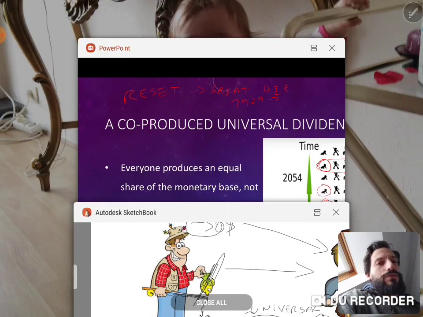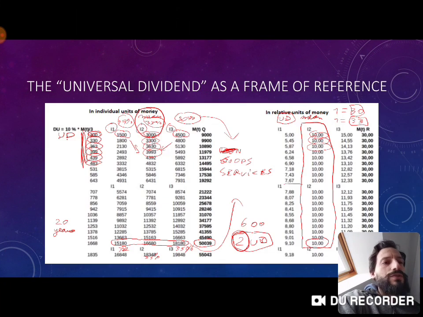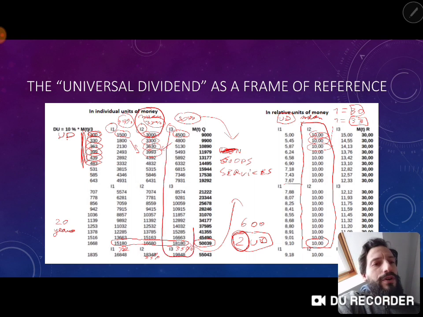So back to the relative theory of money. If you follow this reasoning, you understand that in terms of store of value, of course it has store of value, especially if you're in the mean. If you're not in the mean, then it's a little different. But don't forget that in our current system, the store of value of money is not so different from the universal dividend, which is why if you're rich and you have more of the money supply, you're not putting it on your savings account.